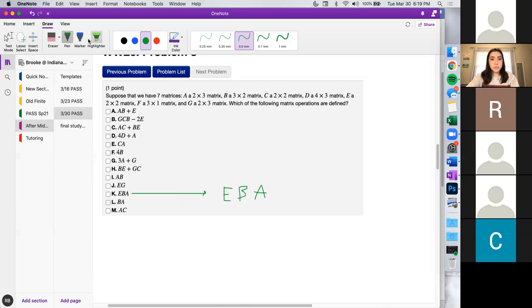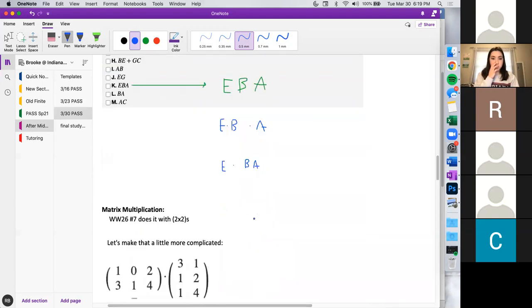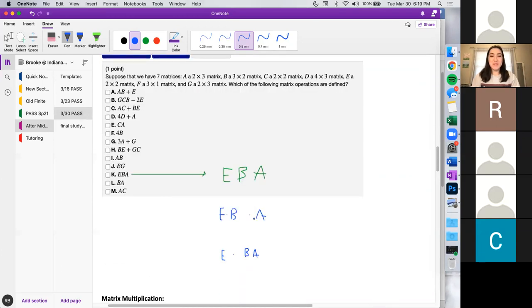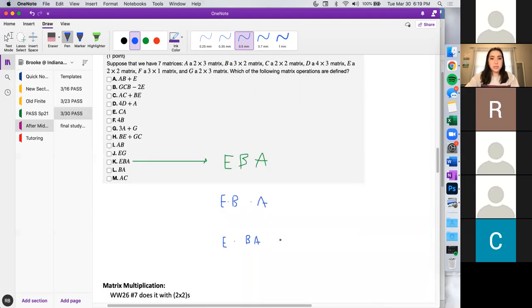So I can take E times B first and then multiply that by A. I can take B times A and then multiply it by E on this side of that. I just can't take E times A. That's illegal. You cannot move around multiplication, which I'll actually not talked about yet, but that's the rule for matrix multiplication. So let's talk about multiplication, because I have not yet today. And then I'll come back and finish doing this out.